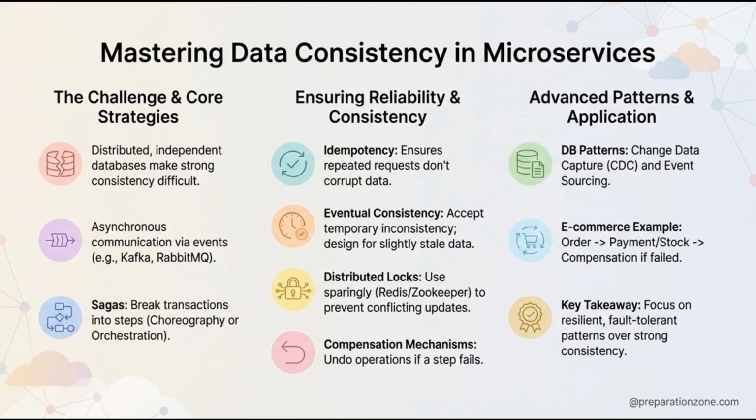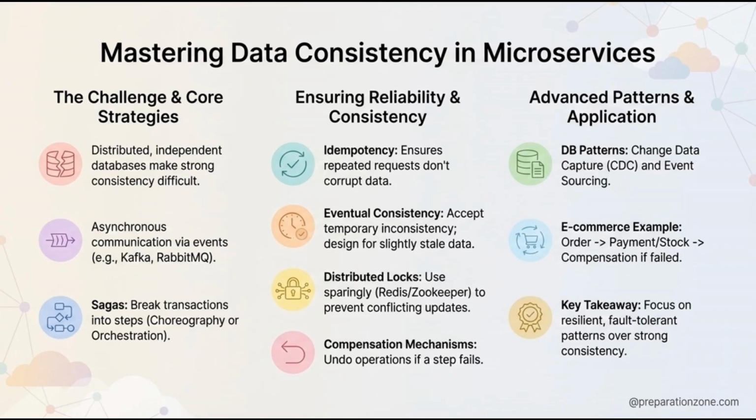Then distributed locks. Sometimes you really need to prevent conflicts. Distributed locks via Redis or Zookeeper can help, but they add complexity and bottlenecks. Only use them when absolutely necessary. Then compensation. When a step fails, we compensate rather than roll back. For example, payment successful, but inventory fails.